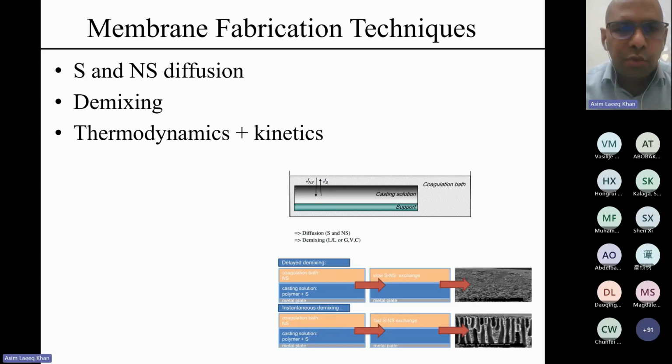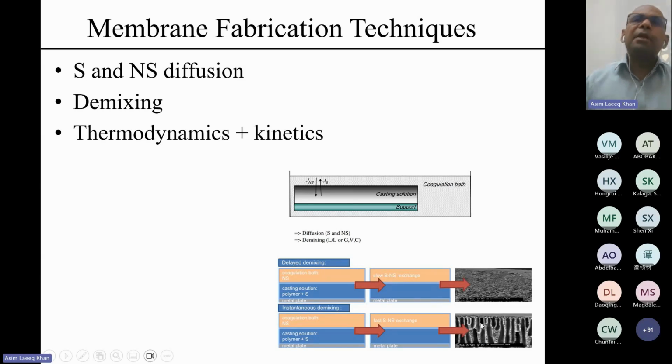Because of the exchange between the solvent and non-solvent, demixing takes place. Solvent comes out of the membrane, non-solvent diffuses into the membrane, and if we control this entire process, we can end up with an extremely porous membrane, membranes with finger-like structures, membranes with spongy structures.